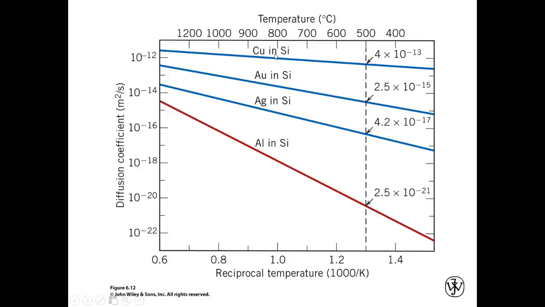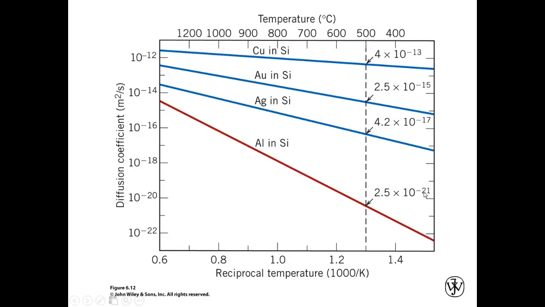That's why we use a lot of copper wires in houses. But copper diffuses very easily in silicon. It has a very high diffusion coefficient even when the temperature isn't all that warm, in the 400 or 500 degrees Celsius range. But aluminum, on the other hand, does not diffuse very much.